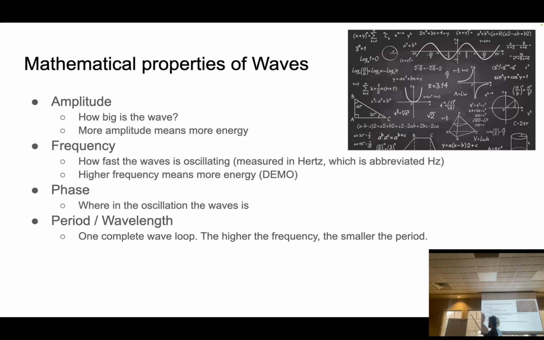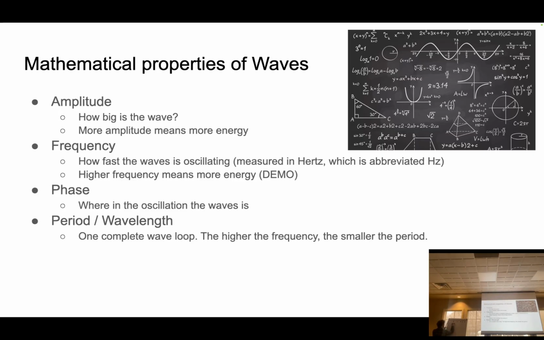But basically, one wave is considered when it goes one full cycle. If that wave repeats multiple times, it can repeat forever. But one period is how long it takes for that wave to go all the way back to where it began. So this would be one phase of a sine wave right here.